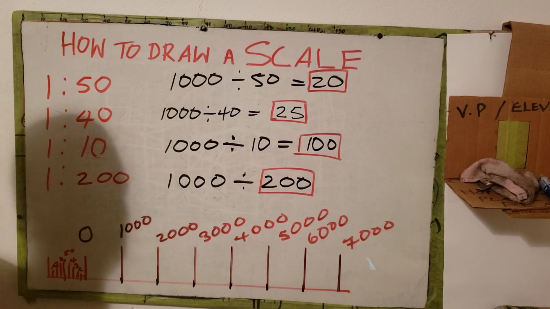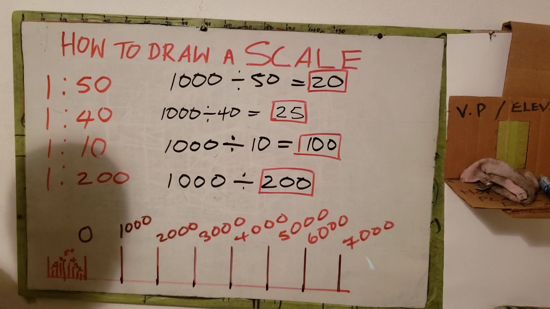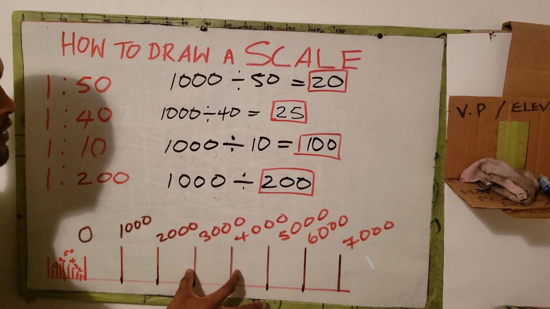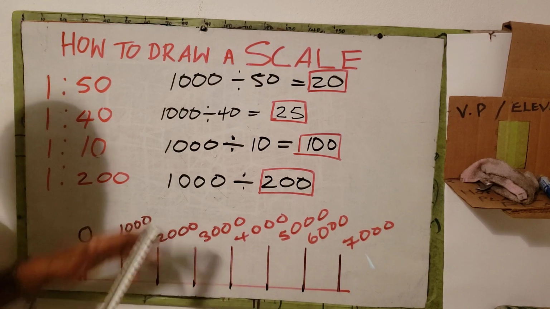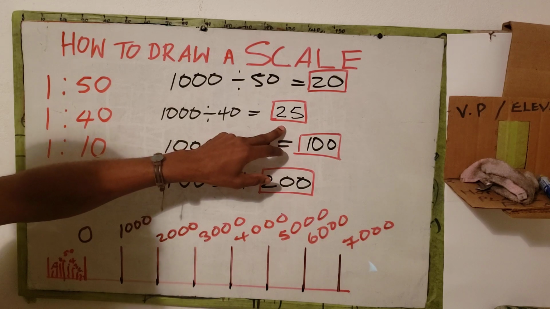Something, of course, I will explain. On a 1 to 40 scale, the standard 1000 is divided by 40. That gives 25.